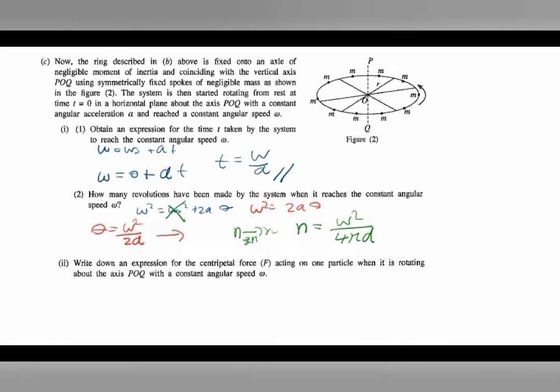Why? Because you multiplied the denominator by 2 pi. The answer is omega squared over 4 pi alpha. Really simple. Again you have to show that n equals theta over 2 pi, and apply it here and get the result.